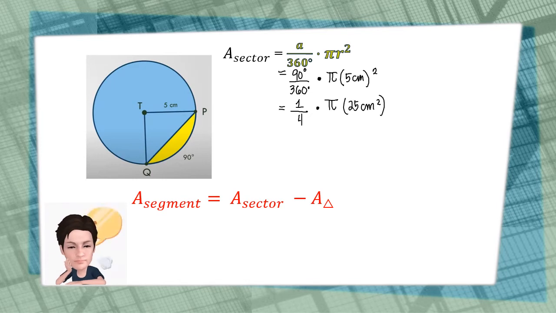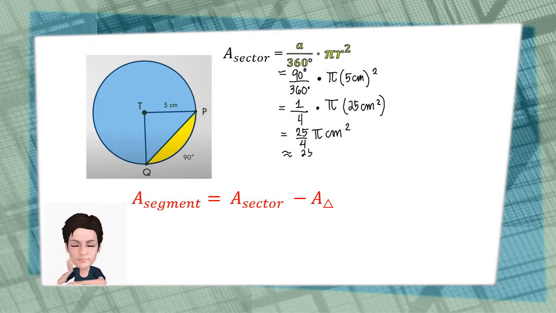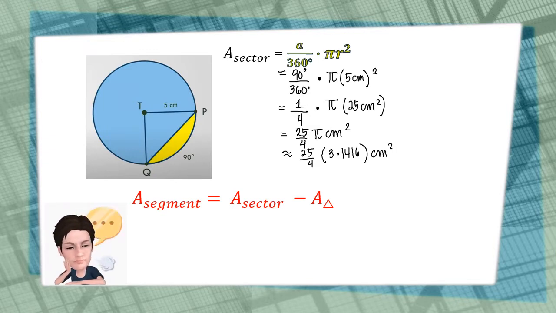Okay, moving on, let us multiply 25 centimeters squared with 1/4 and multiply with pi. With that, we have 25 over 4 pi centimeters squared. Now I'd like you to multiply 25 divided by 4 with the approximate value of pi that we are using, which is 3.1416, and copy the unit of measurement, of course.